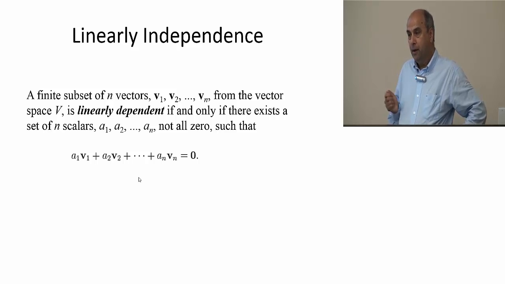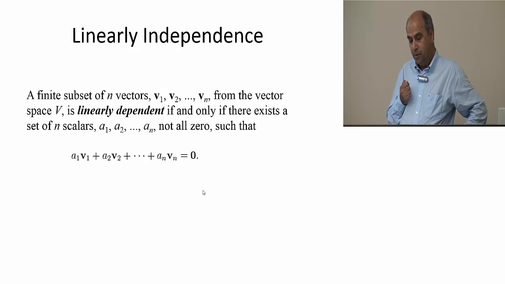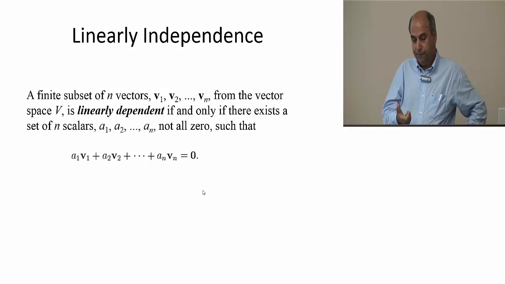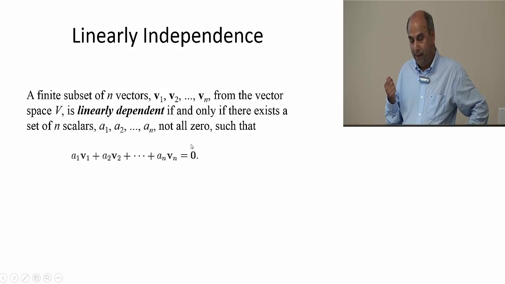They depend on each other, which means if the combination is 0, then we can take one of the elements which is not 0 and express it in terms of the remaining n minus 1 elements. The vectors which cannot be written like this are called linearly independent.